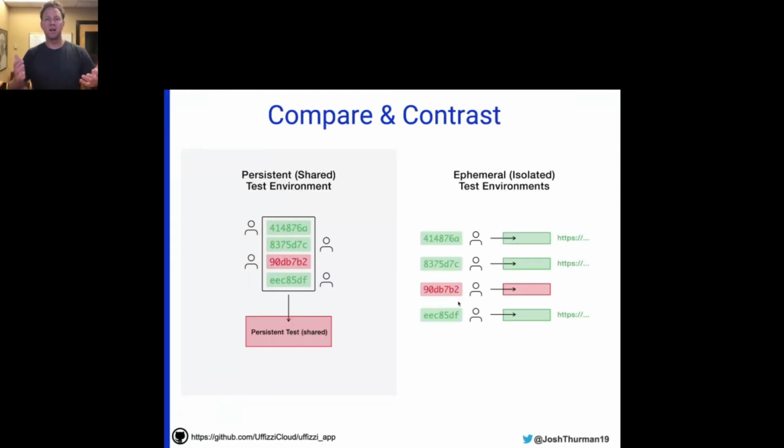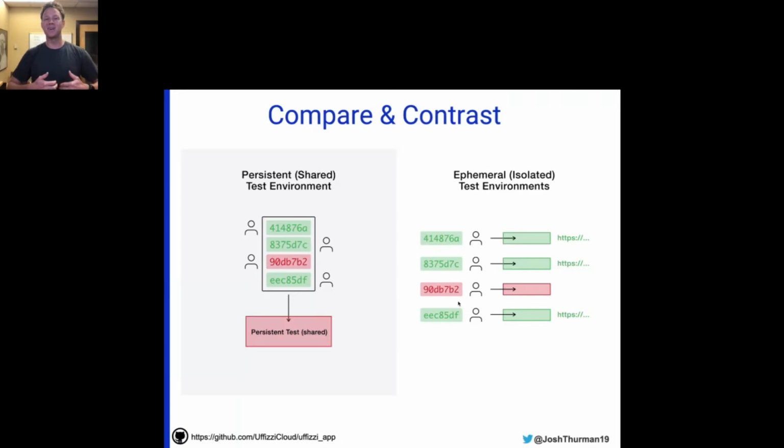So let's compare and contrast a little bit what it's like using persistent or shared dirty environments versus ephemeral and isolated test environments. If I have a persistent shared test environment and I have multiple developers contesting that environment, I really don't know which commit and which commingled code is going to create problems for me.